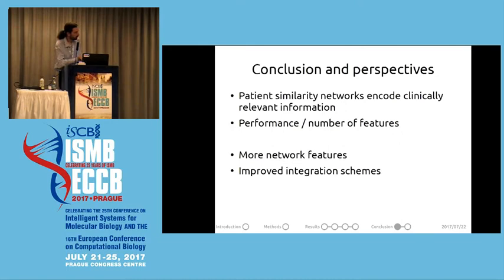I want to include more network features and not only metrics that define the centrality of the nodes, to get more information from the network. And also I want to have a look at better integration strategies to try to make more sense of all the data that we have.